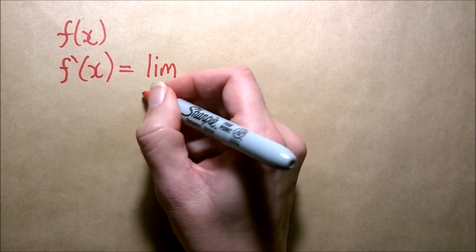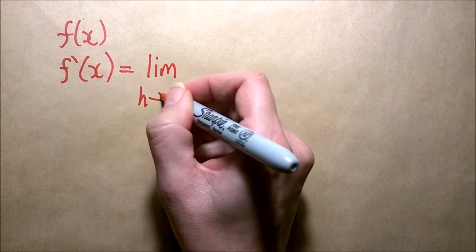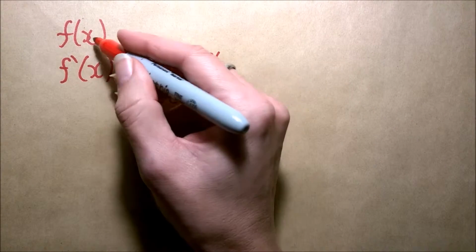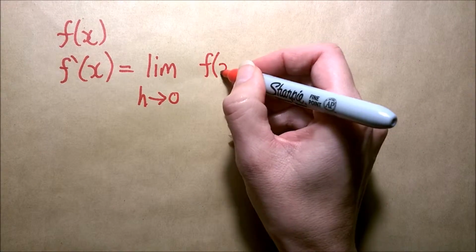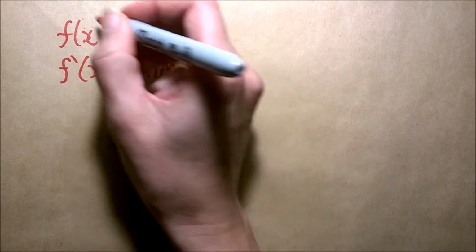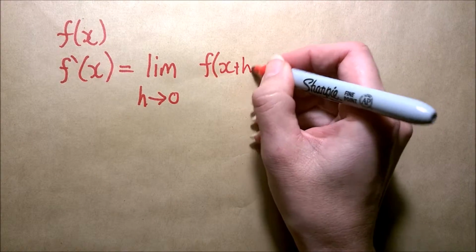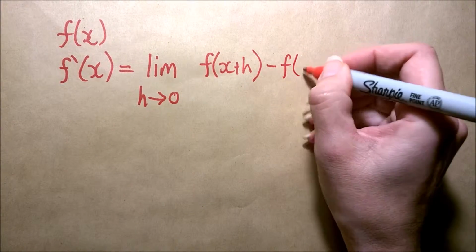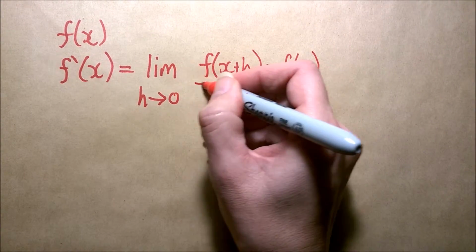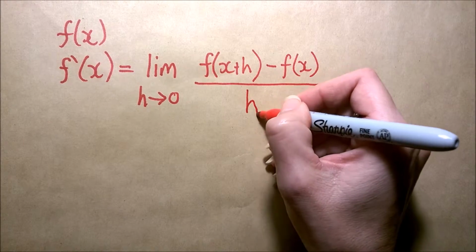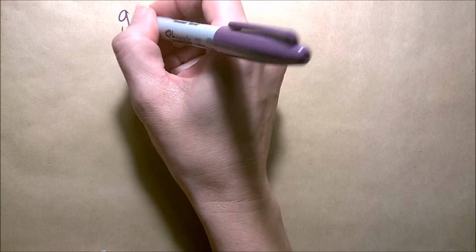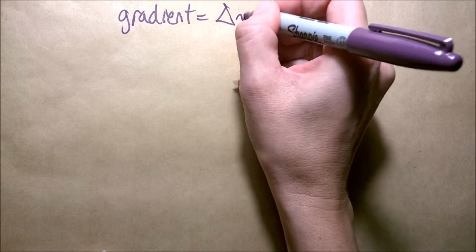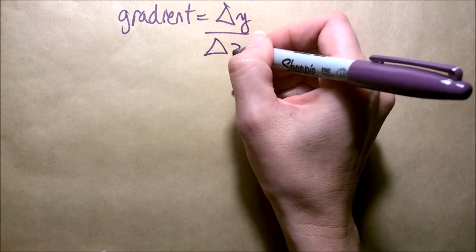Then by definition, that's the limit as h approaches 0 of the function of x plus h minus the function of x, all over h, a gradient, which equals the change in y over the change in x.